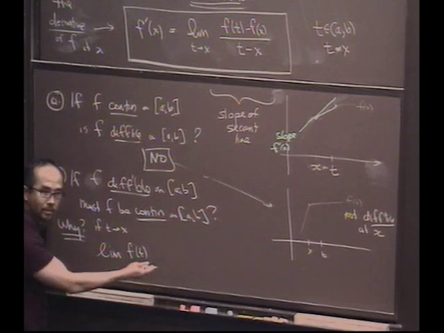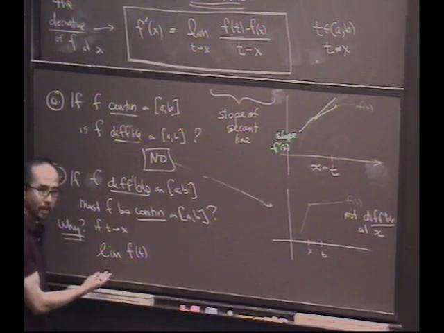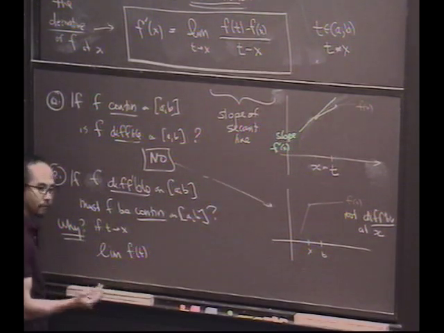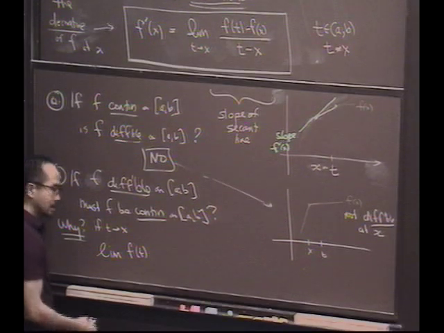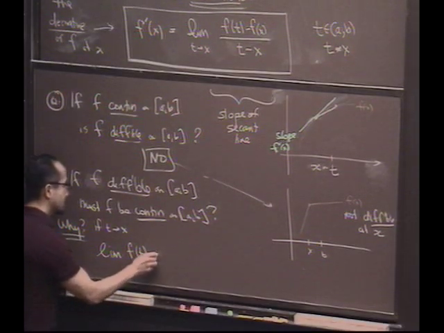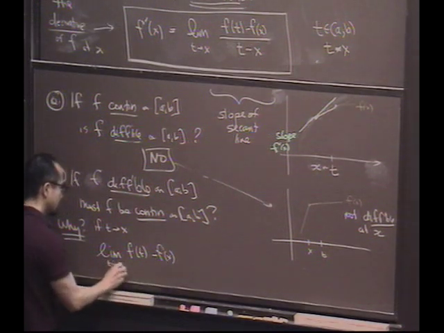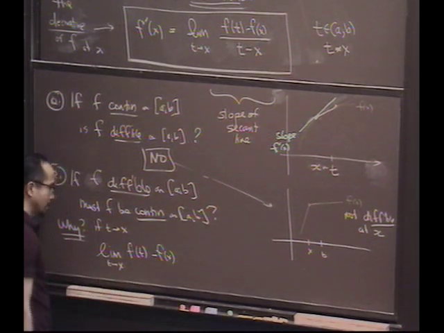F of x, right? That's what it means for a function to be continuous. It basically preserves limits. So t goes to x. Is the limit of f of t going to f of x? Another way to say the same thing is the limit of f of t minus f of x going to what? 0.